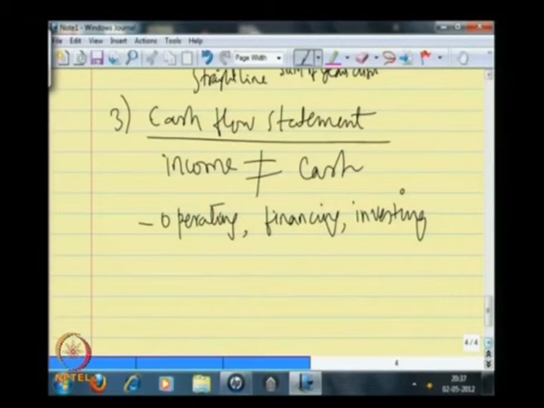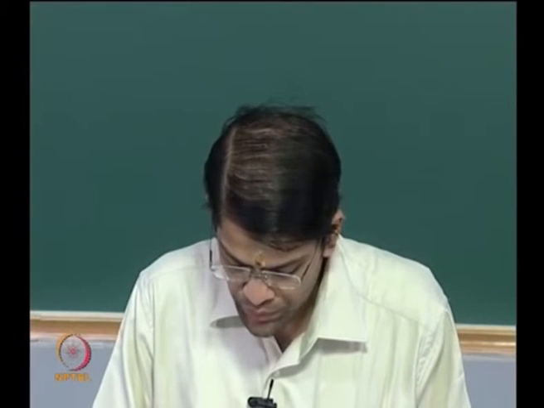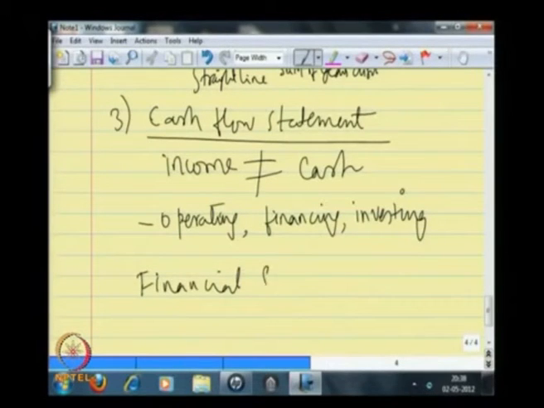And by and large, if you are able to categorize all the activities in these 3 heads and study how each of the activities has influenced the behavior of cash, the summation of all the activities that have influenced cash between 2 successive accounting periods is what gets recorded as a cash flow statement. And then finally, we also saw how a financial statement can be analyzed.